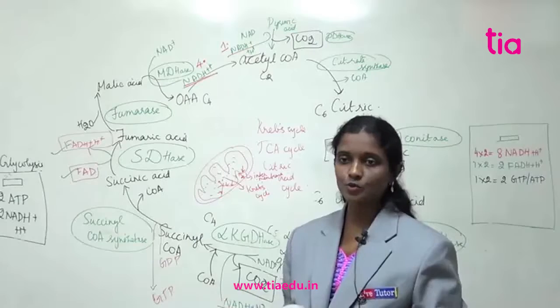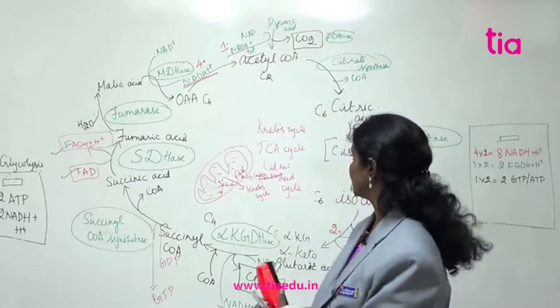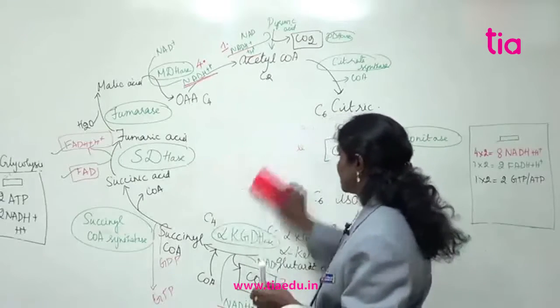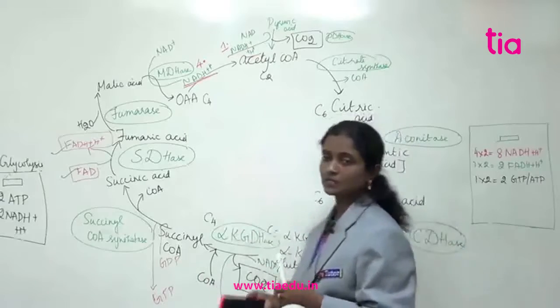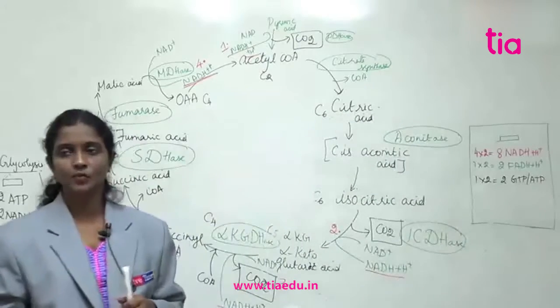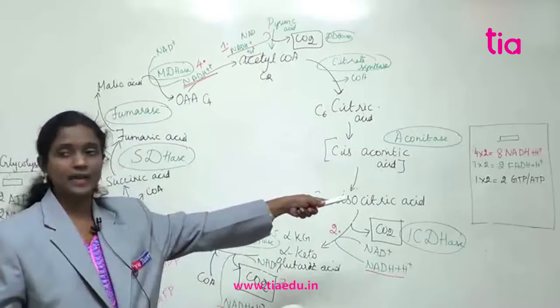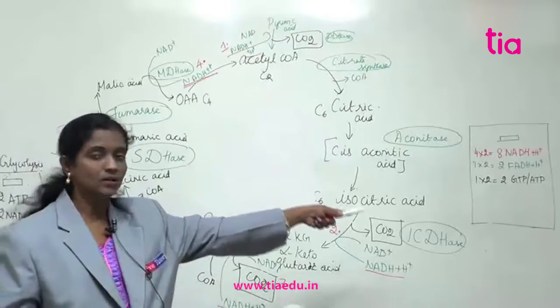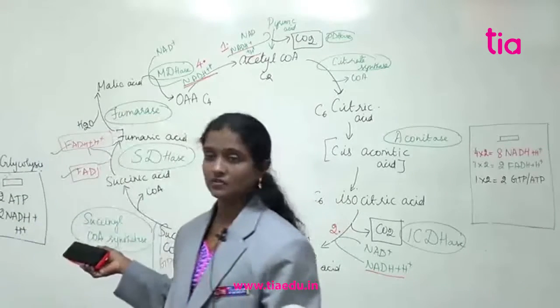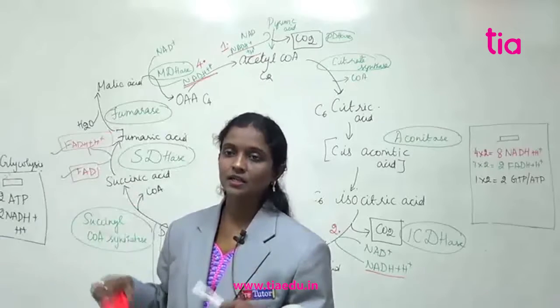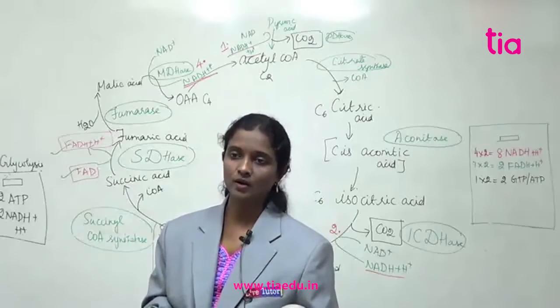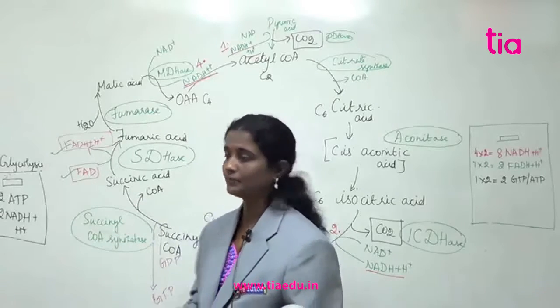Now let us proceed. Whatever we have saved here, we are going to take and bring to the cristae. There are two boxes we have saved, one on the left, one on the right. We are going to take these two boxes to the mitochondria. Shall we take it to the mitochondria? Yes.